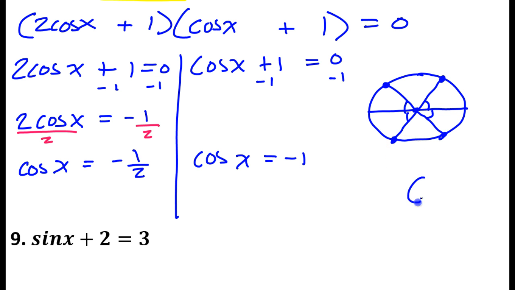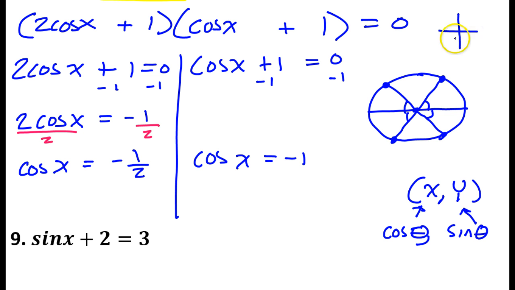Now remember, on a unit circle, every point x comma y is a cosine and a sine. Right now we're dealing with cosine, so we're talking about x values.